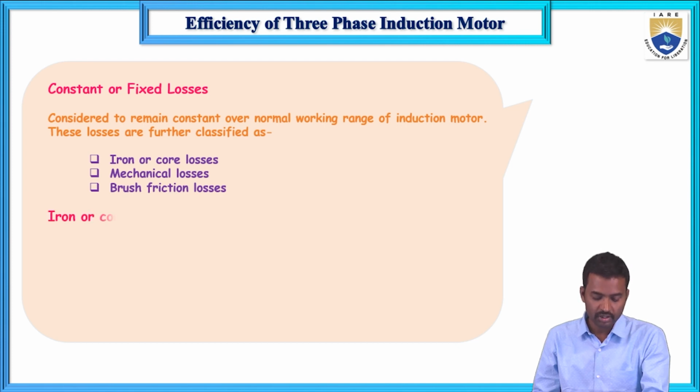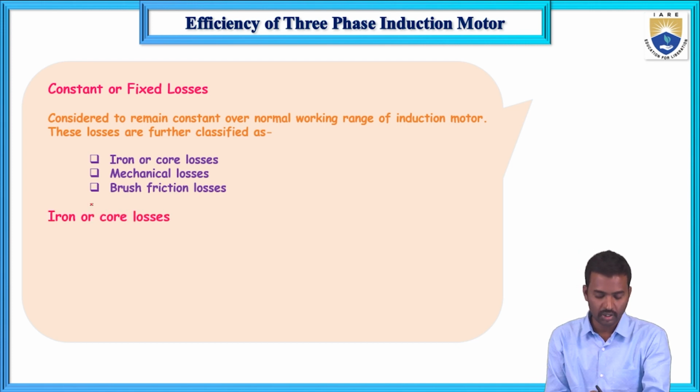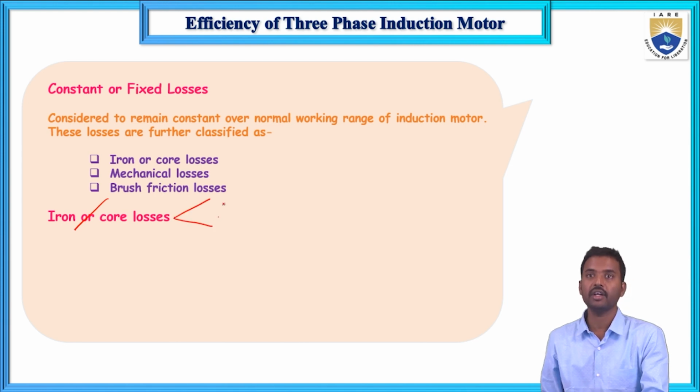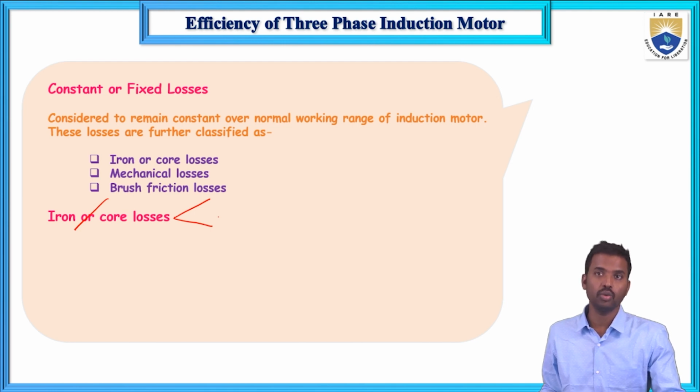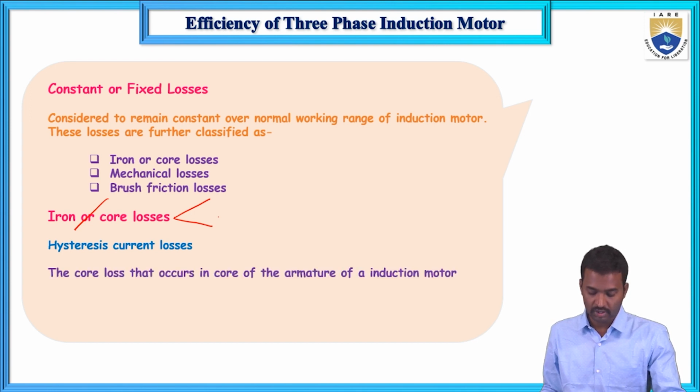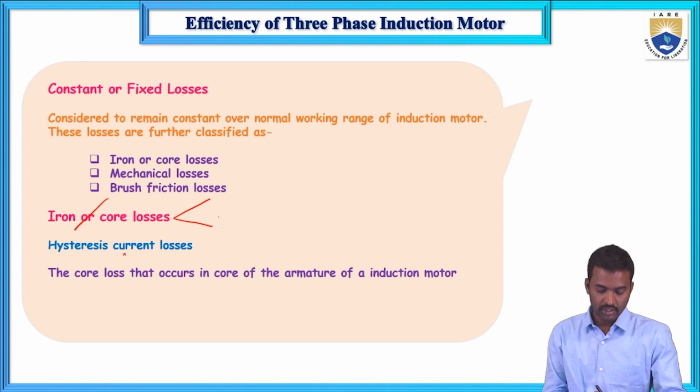First, iron losses, whose other name is core losses. These core losses are divided into eddy current losses and hysteresis losses, and they occur in the core only. Hysteresis losses occur because of the reversal of magnetism, also because of residual magnetism in the core.